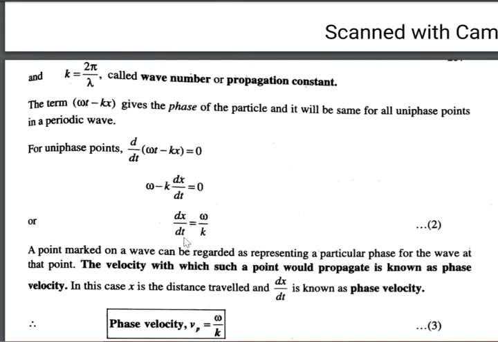That means the velocity with which the phase of the wave travels along the x direction with respect to time. It is denoted by dx by dt. Therefore, phase velocity, let us write it as Vp, is equal to omega by k.